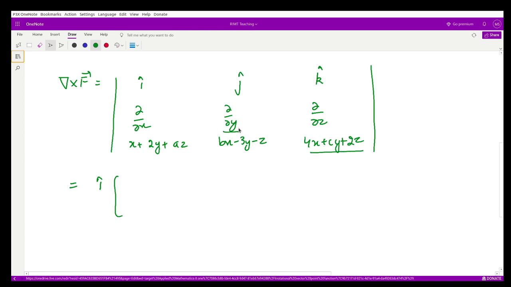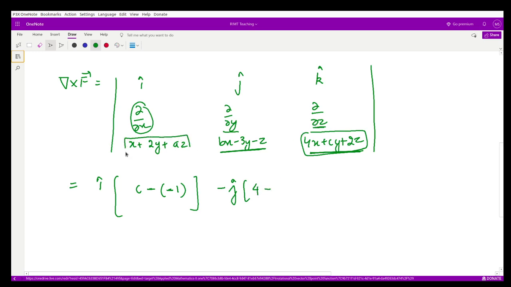So it would be i cap, then this vector into this vector. Basically the partial derivative of this function with respect to y, so it would be c, and then the partial derivative with respect to z of this function, so this is going to be equal to minus 1. So this is for i cap. For j cap, we have the partial derivative of this function with respect to x, so that would be equal to 4, and then minus the partial derivative of this function with respect to z, so it would be equal to plus a.